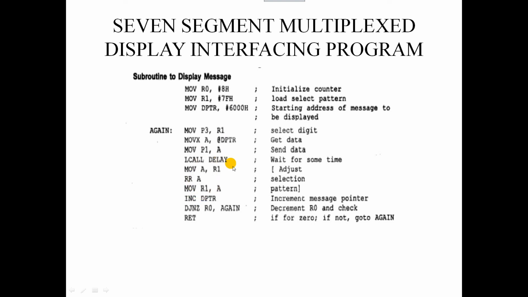So this particular program will loop on this particular display upon reducing the R0 to 0. So again the particular loop is going to be rotated. So the data whichever we give from the 6000H, the data are going to be displayed in the 7 segment LED array. Thank you.